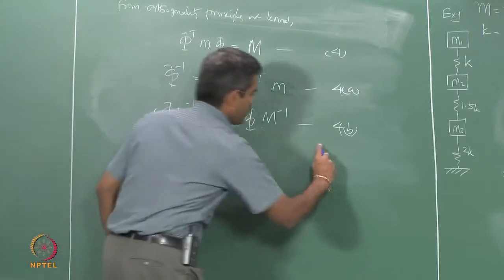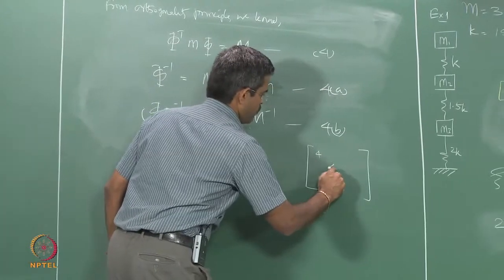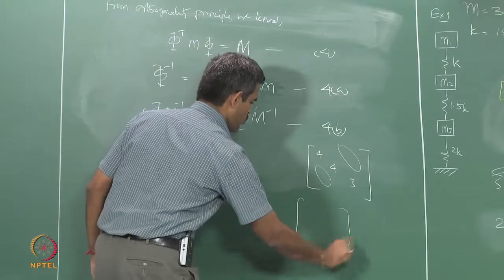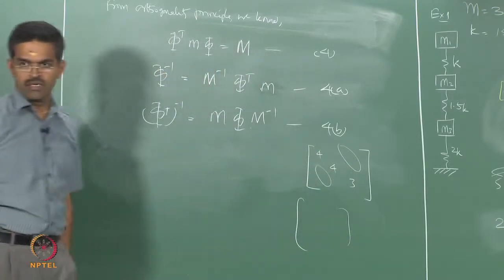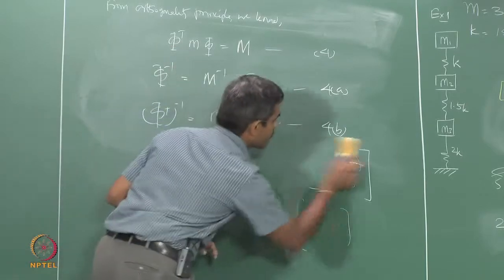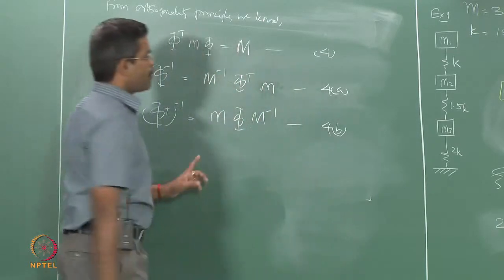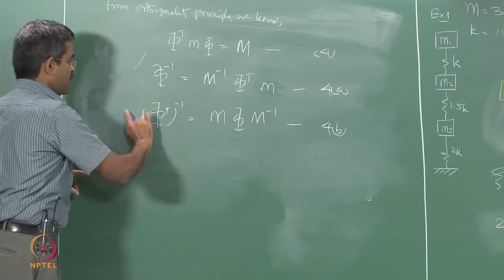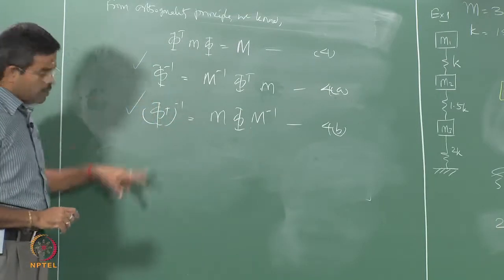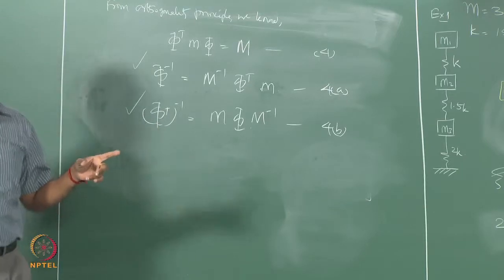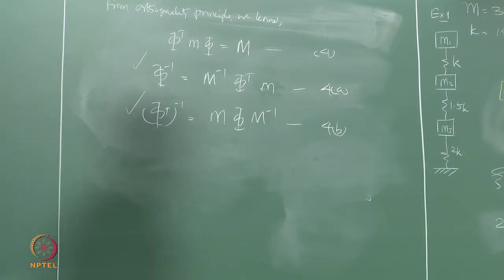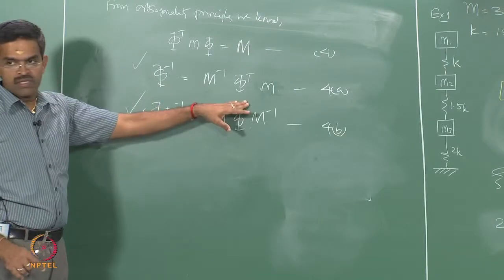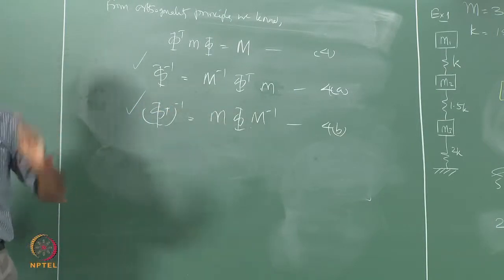For example, if your M matrix could be 4, 4 and 3, let us say, the inverse straight away could be 1 by 4, 1 by 4, 1 by 3, you can easily do that. Now, by performing the operations of 4a and 4b, I will get phi inverse and phi transpose inverse, which were required to compute C at equation 3. If you look at equation 3, if I know these two, I can easily find C.